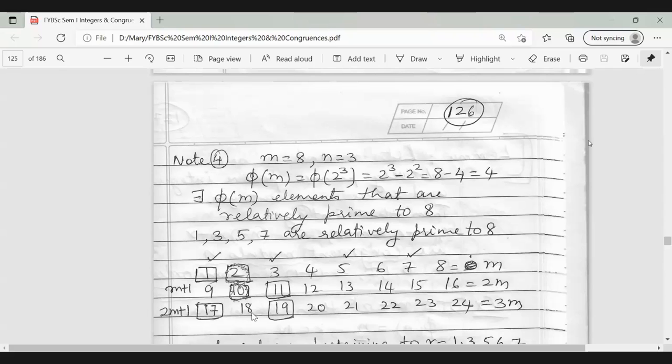Okay, next number. So actually this is M. So now I'm making you understand the proof of the theorem. So now this is 8. M is 8. Next you will write M plus 1.